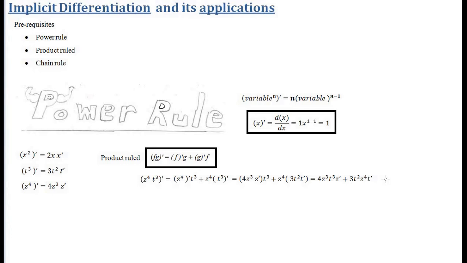Okay? All right, so let's try something similar to what you're going to see on your homework or on your test or quiz. So suppose we are presented with something like this. Given this equation, we are asked to find dy dx. However, guys, I would like to stress that dy dx is also known as y prime, right?